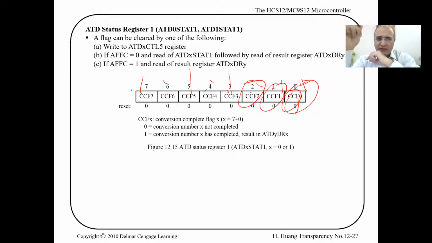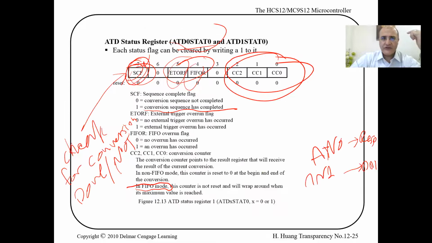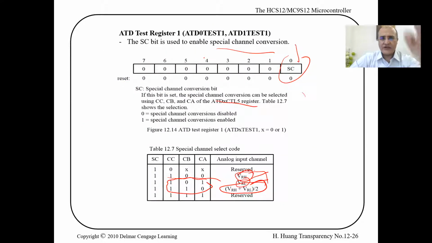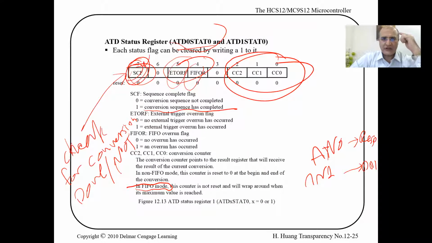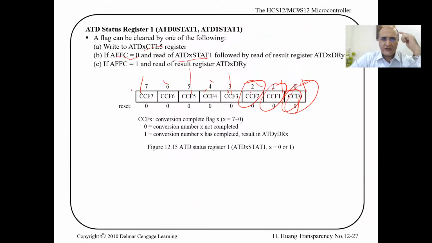How to clear them? If the automatic fast flag clear is 0 in the control register 5, then you will have to go read stat 1, this register.